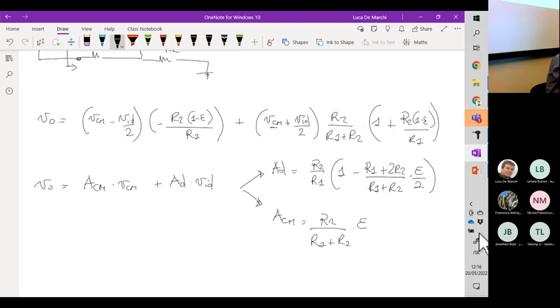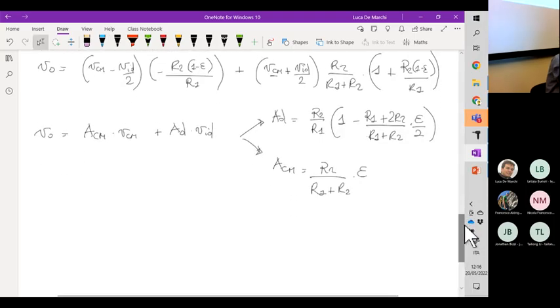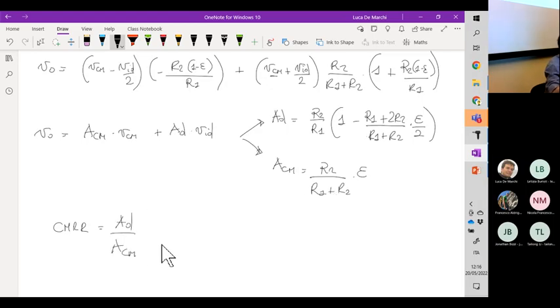We can compute the so-called common mode rejection ratio, pretty much like we did for the differential pair. And in this computation, so differential gain over common mode gain, well, we can take into account that probably epsilon is a relatively small quantity, so this term here can be considered to be more or less equal to 1.